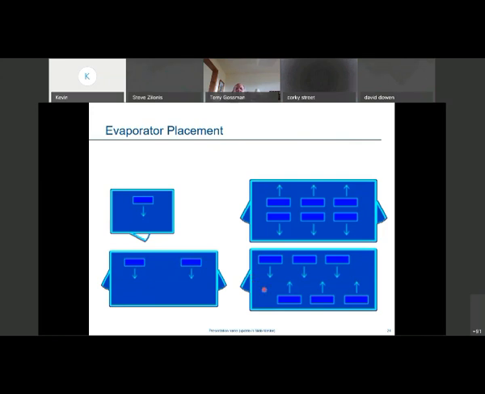Then there are different means of putting the evaporators where they overlap like this, or center mount them and blow against the wall and down. This would all be predicated by what kind of packaging you've got inside there, how they're stacking their stuff, and the aisles that they might have. That's part of this.